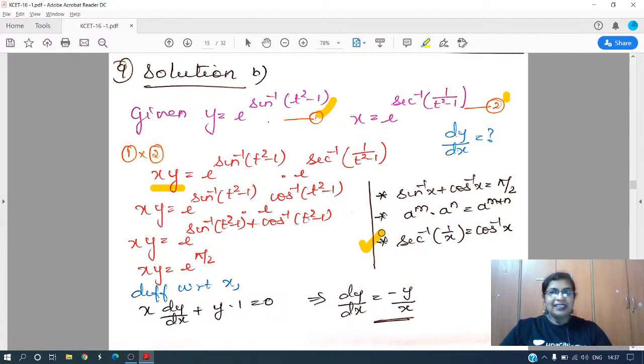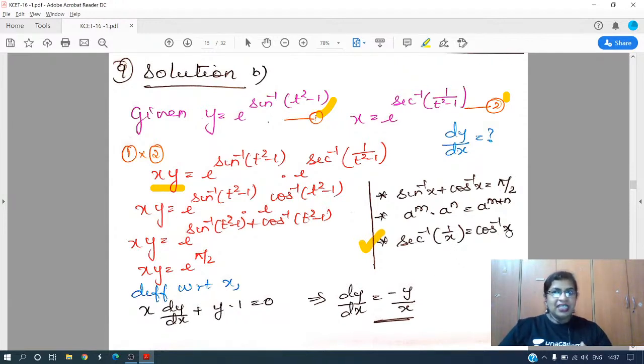Now, we have one more property of inverse trigonometric functions, and that is nothing but the reciprocal property. What is this reciprocal property? Who is the reciprocal of secant? Cos, isn't it? Yes. Who is the reciprocal of 1 by x? X. So the inverse trigonometric function helps me to reduce my question. I can use the reciprocal trick there. Secant inverse of 1 by x can also be written as cos inverse of x.